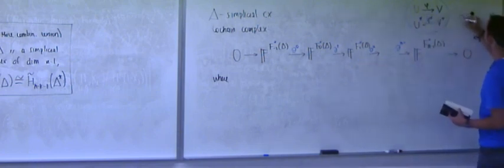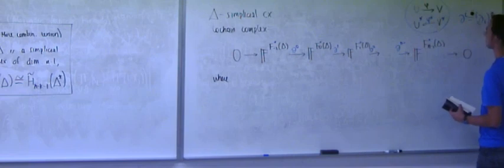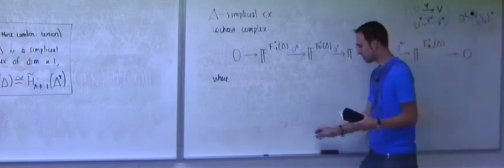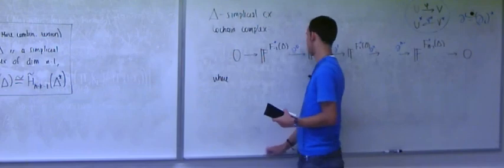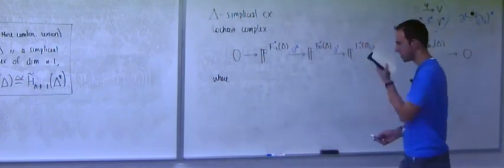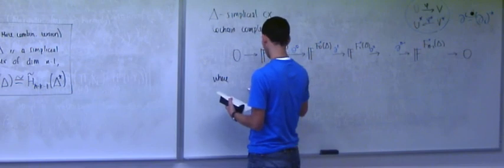But really, you should think that this is just the dual of this boundary map. And what you do is something very similar to what we did before. Maybe what I'll do is just an example. I think that'll be clearer.